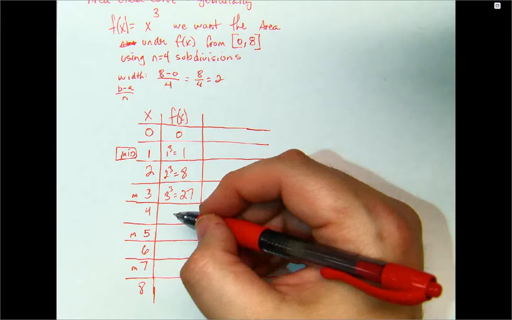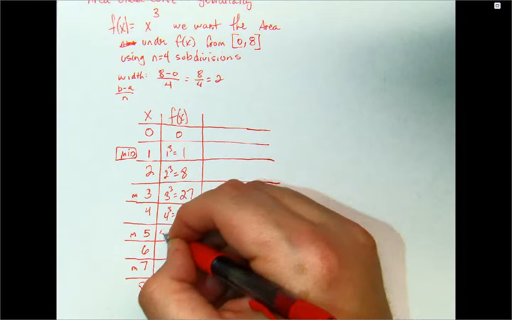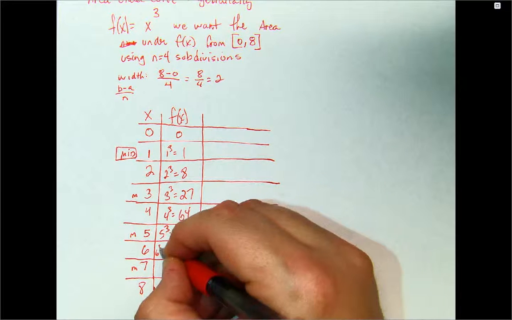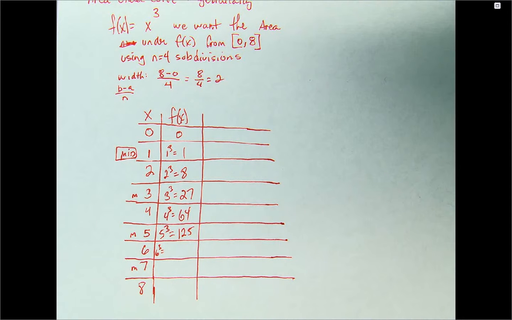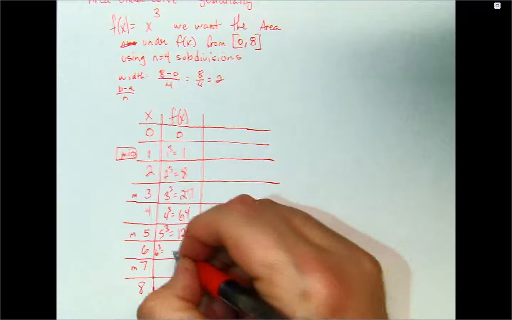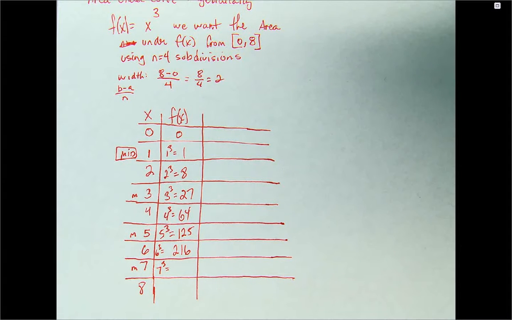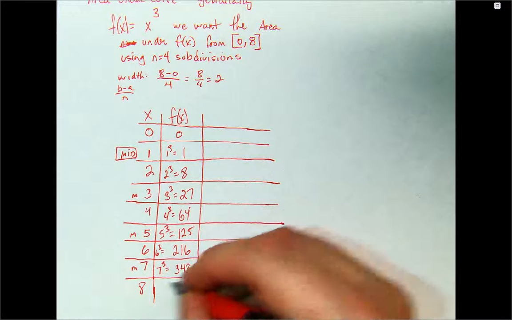You're right. 4 cubed. 5 cubed. 6 cubed. 7 cubed. 8 cubed.